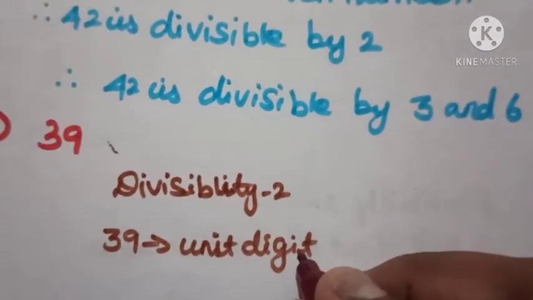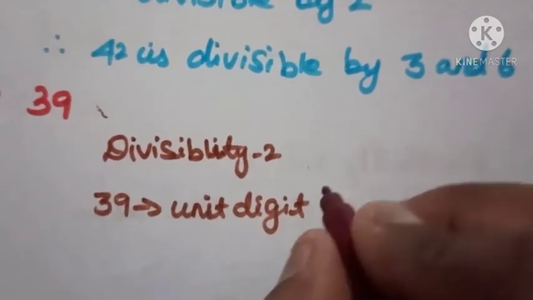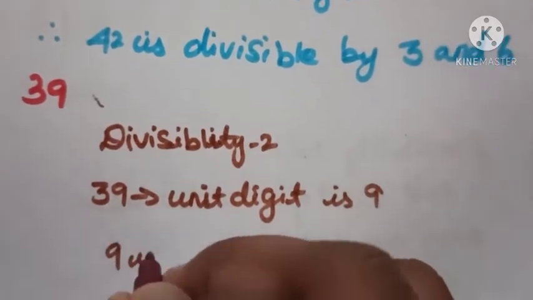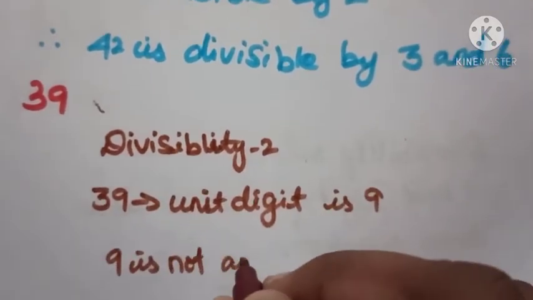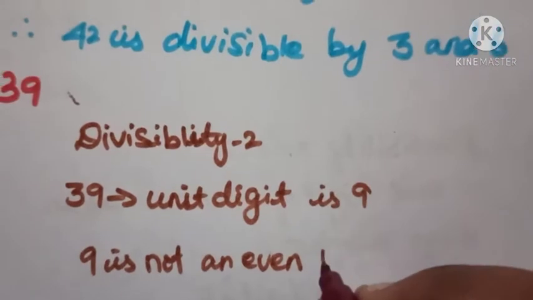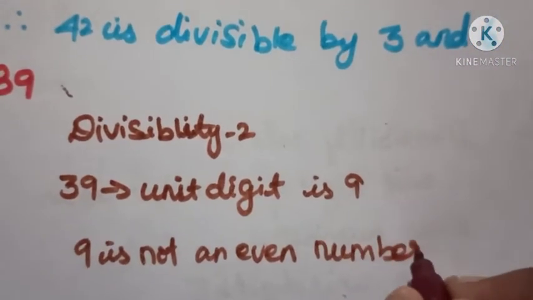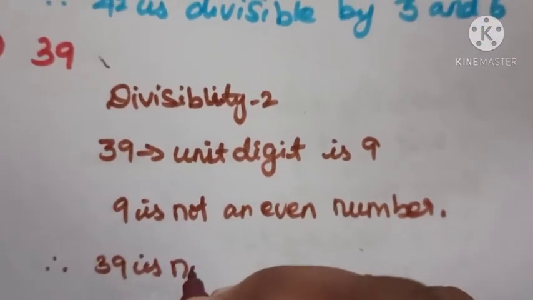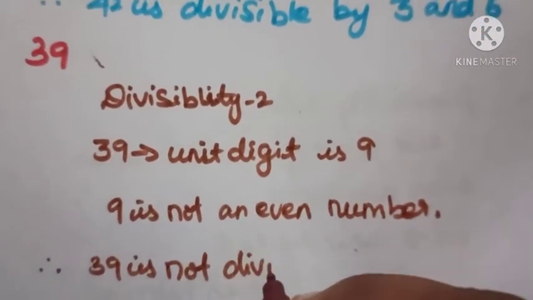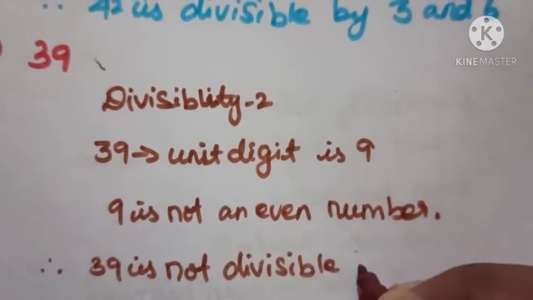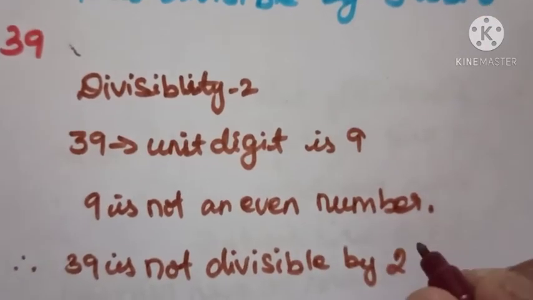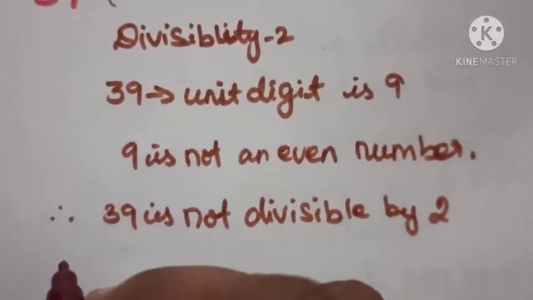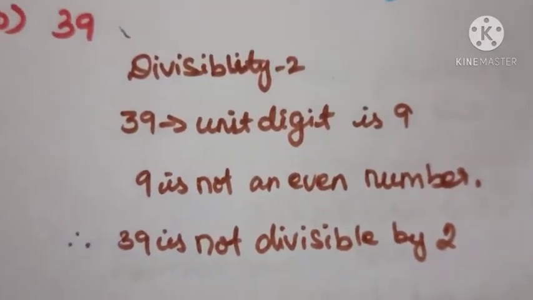Unit digit is 9. So 9 is not an even number, therefore 39 is not divisible by 2.